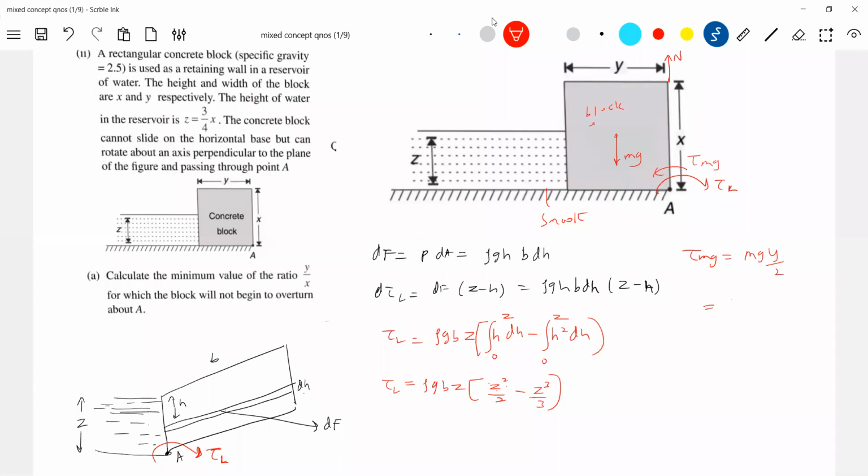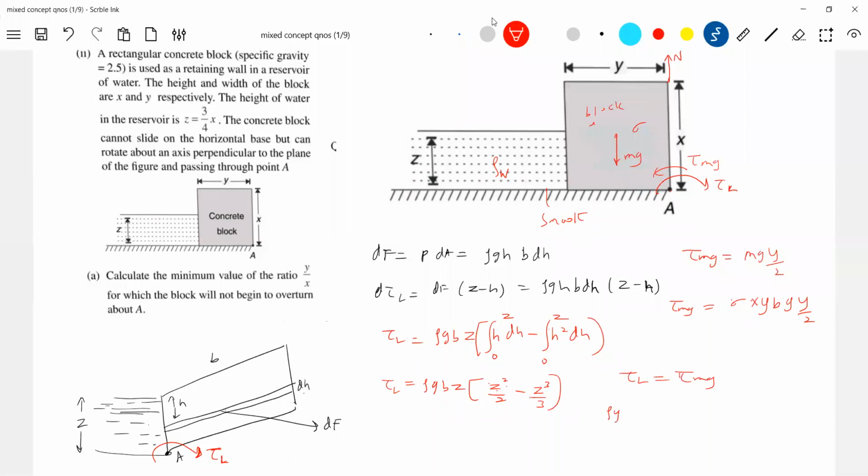Fine. So what is m? m should be equal to specific gravity times density. The density of that material, sigma, we will take, with that of the water being rho w. So m is sigma into concrete block x, y, b, and the torque is sigma x y b g into y by 2. For it not to topple, these two torques should be equal.